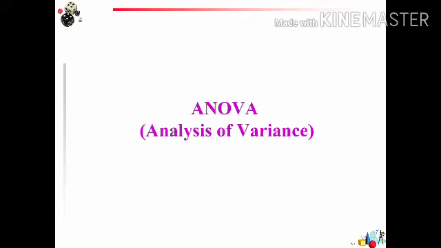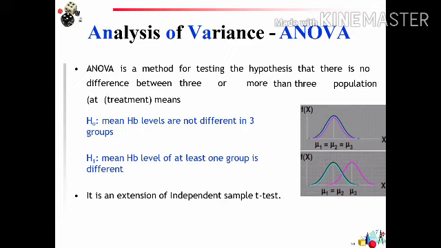Next we come to ANOVA, that is, analysis of variance. ANOVA is a method for testing the hypothesis that there is no difference between 3 or more population means. That is, we are comparing the mean value of the parameters between 3 or more groups.